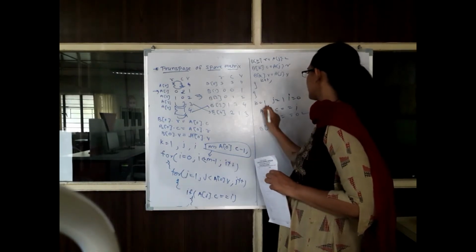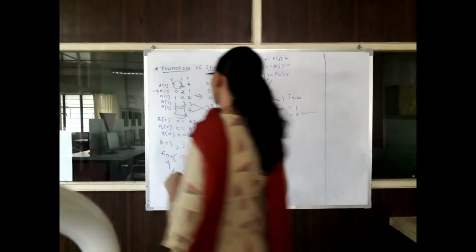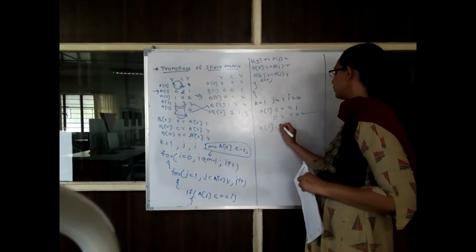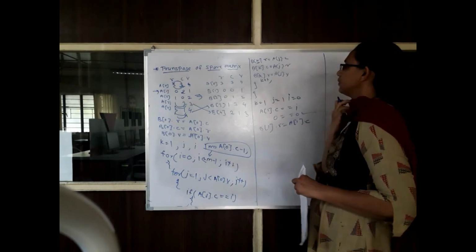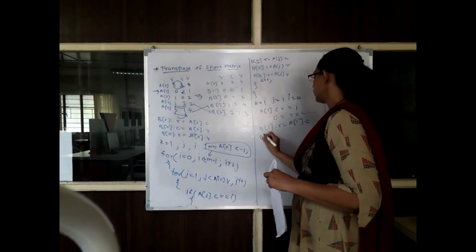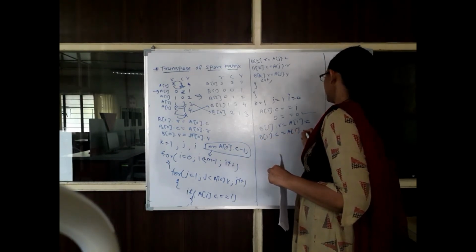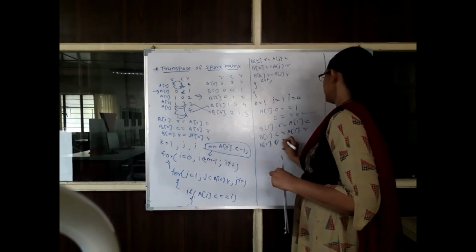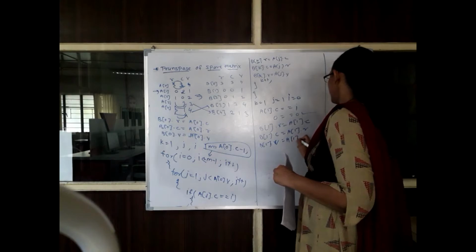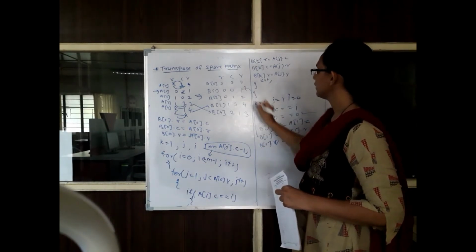B of k, what is k? 1. So B of 1 dot row is equal to A of 1 dot column, and B of 1 dot column is equal to A of 1 dot row, and B of 1 dot V is equal to A of 1 dot V. So by using this we will get this one.